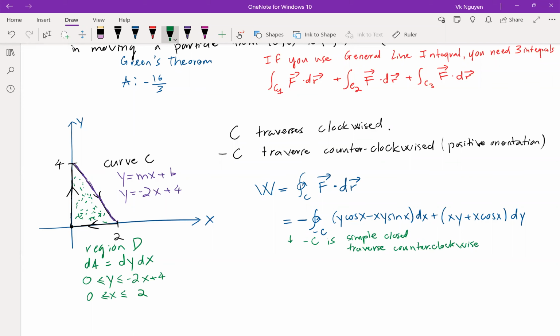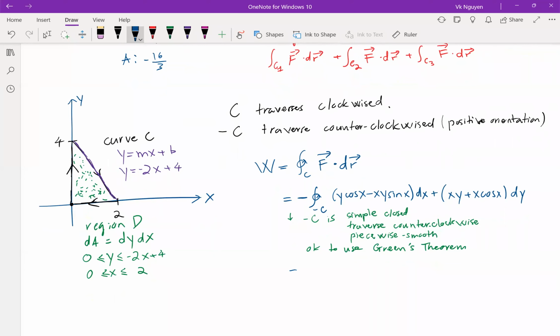Yes, this was smooth. So once we know this information about C, then we can use Green's theorem, right?